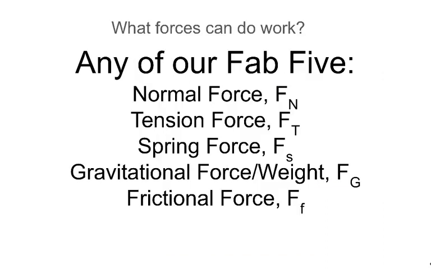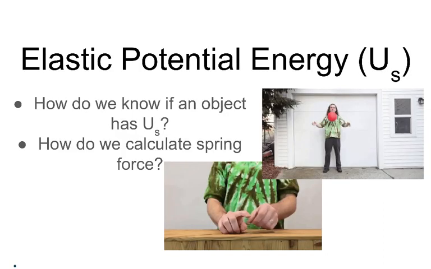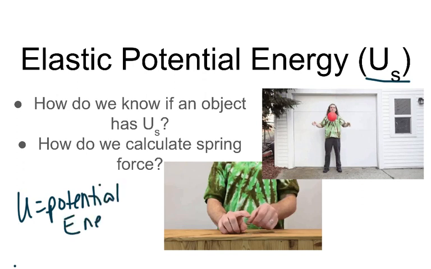All right. Oh, did this jump ahead? No, that's the first one. Okay. Elastic potential energy. So elastic potential energy, the variable is U_S. U means potential energy, and the S, I say, is easiest to remember as standing for spring.